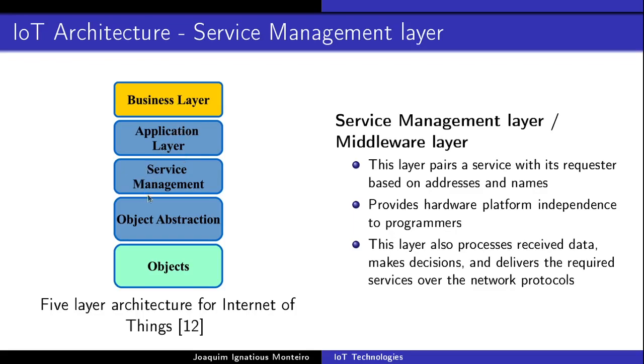The middleware or the service management layer will take care of how to convert it into the particular protocol, the commands, and send it. The data acquired can also be coming in some format. It is presented by the middleware to the application layer, the user, in a format which could be easily interpreted by the user.